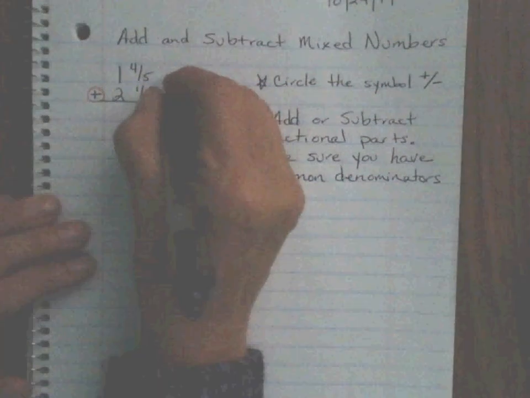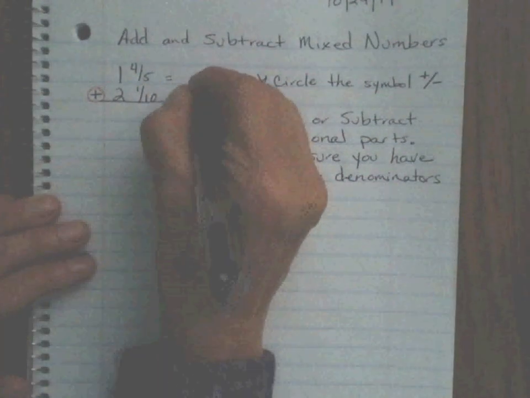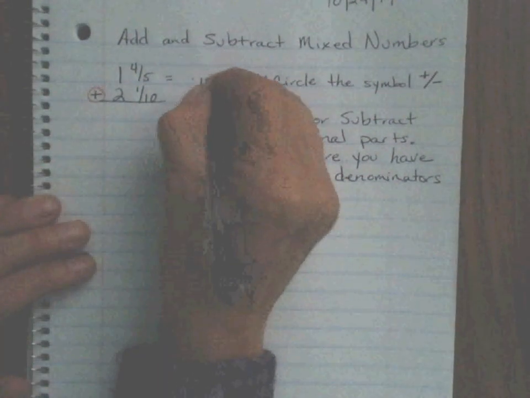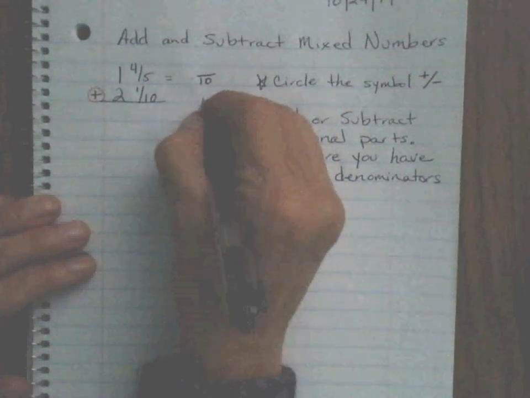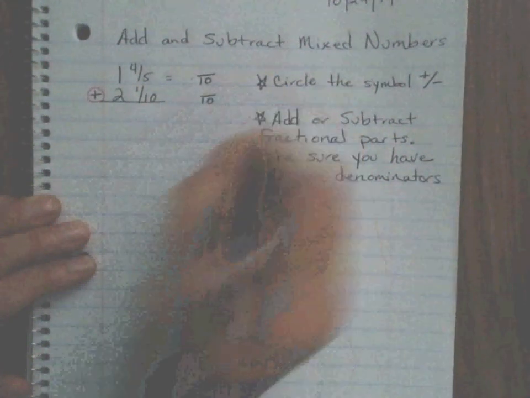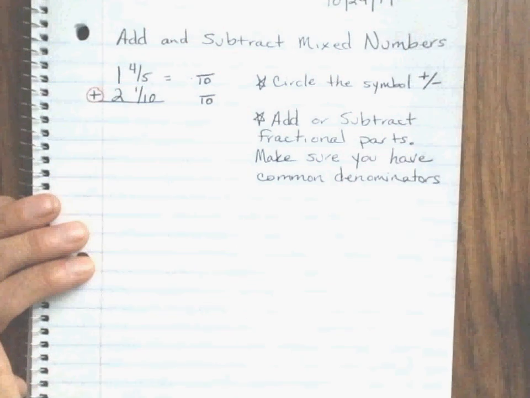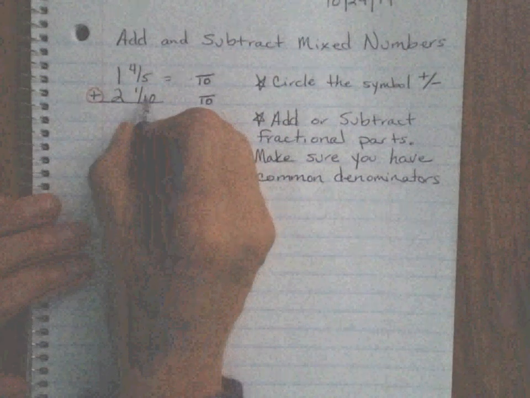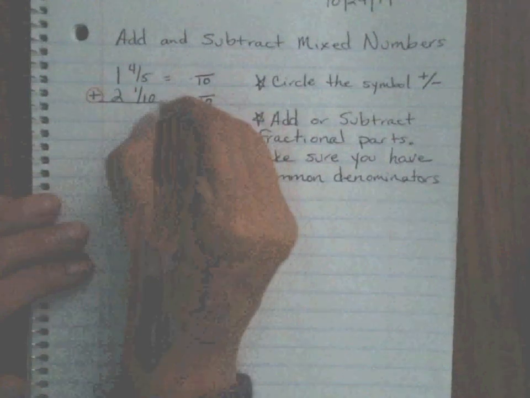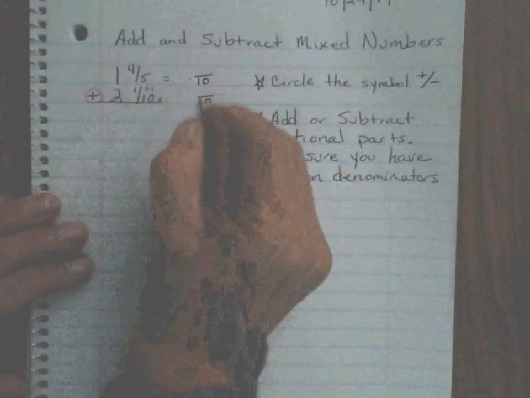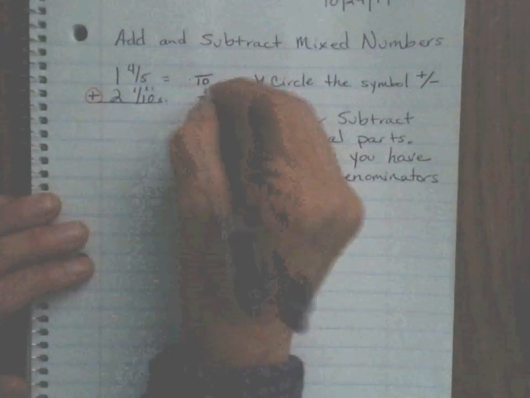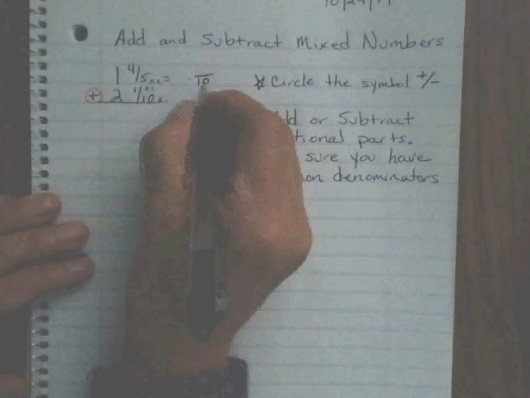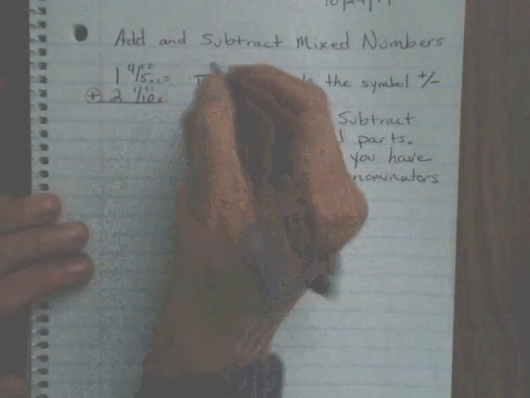So I'm going to make new fractions with 10 as my denominator. 1 times 10, 1 times 10, so I've got 1/10 here. 5 times 2 is 10, 4 times 2 is 8.